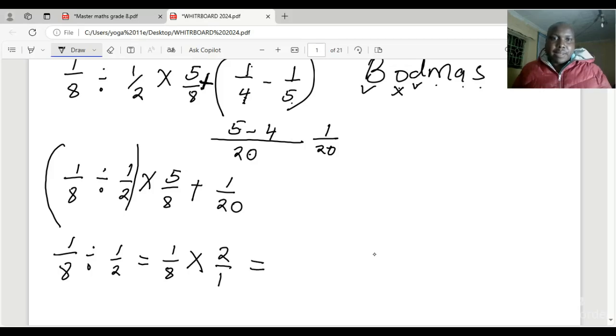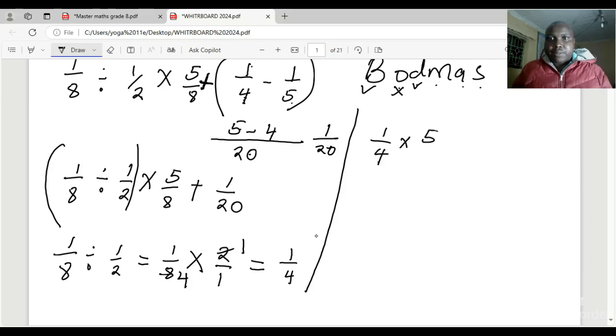So this is the same as here 1, here 4, and that is 1/4. Now we are finished with the division. Now let's copy. The first answer we have here is 1/4 times 5/8 plus 1/20.